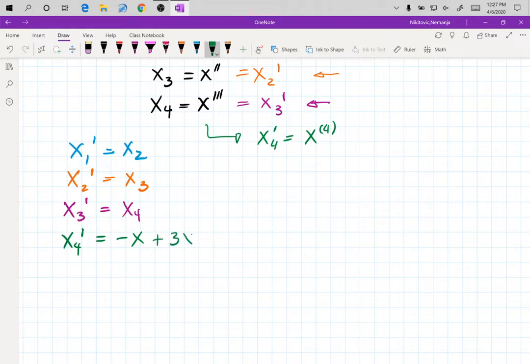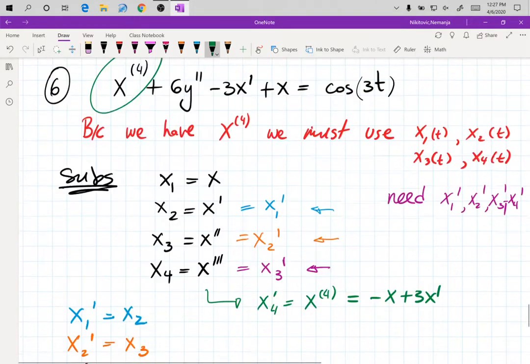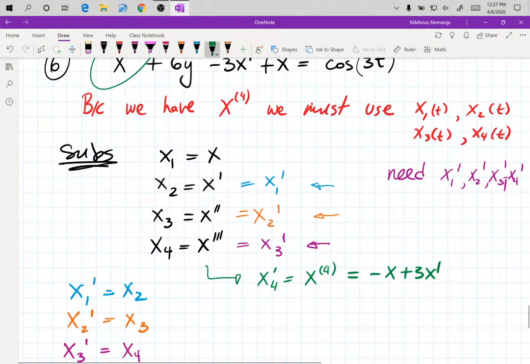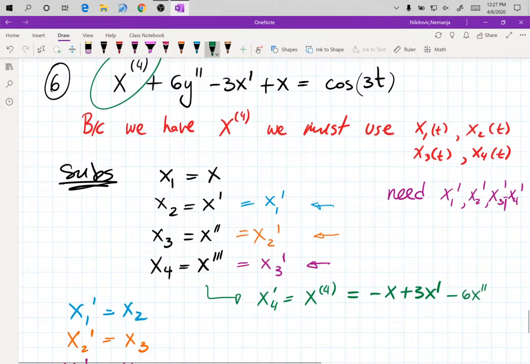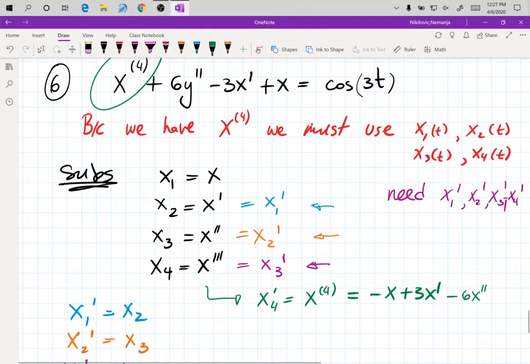Actually, you know what? Let me do it here. Negative x plus 3x prime minus 6y minus 6x double prime. Why are these y's up there? It's x. What the hell? They're all x's. Okay, and then plus 3 cosine t.